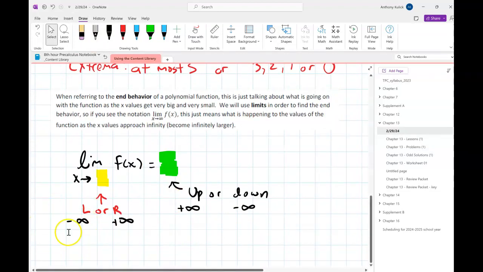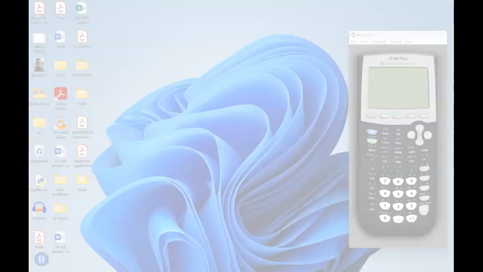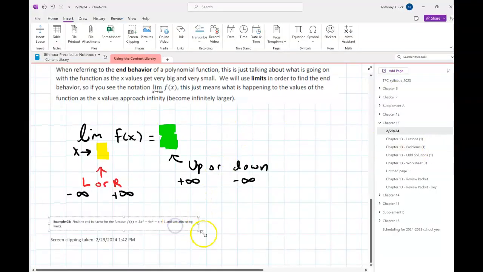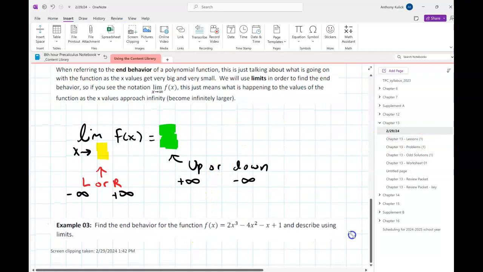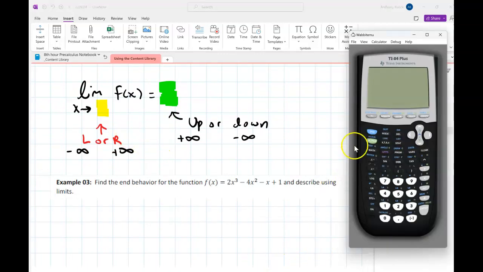So let's do a quick example. So I would start by typing this into my calculator and taking a quick peek.